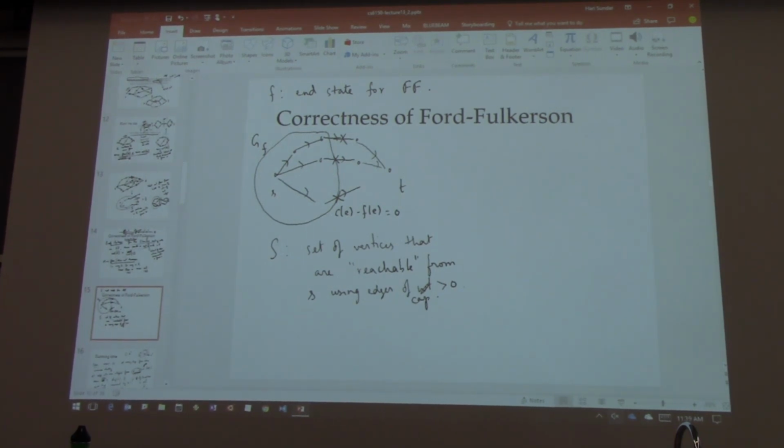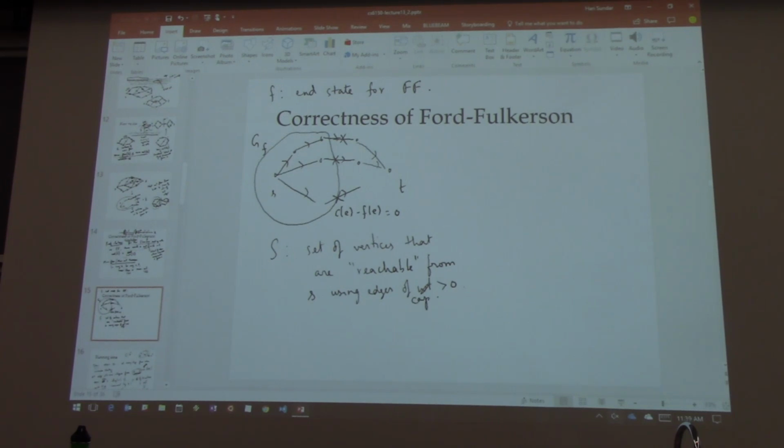And also, this is easy to construct. If I give you a residual graph, you do BFS or something, and go as long as you have a strictly positive edge, and you will find the connected component essentially. So you will reach some vertices; beyond that, you will not reach.